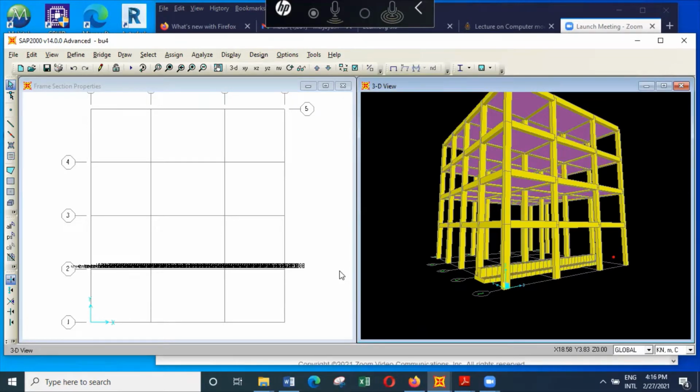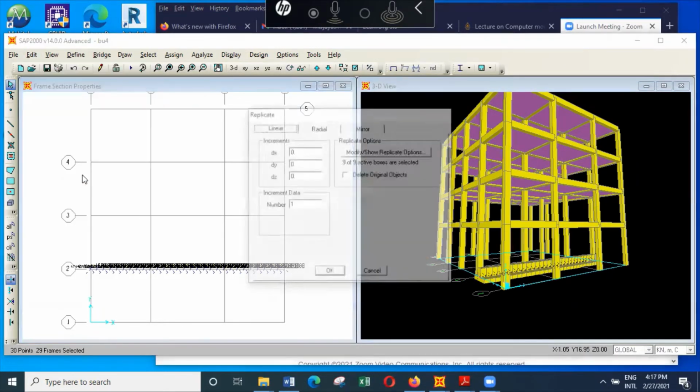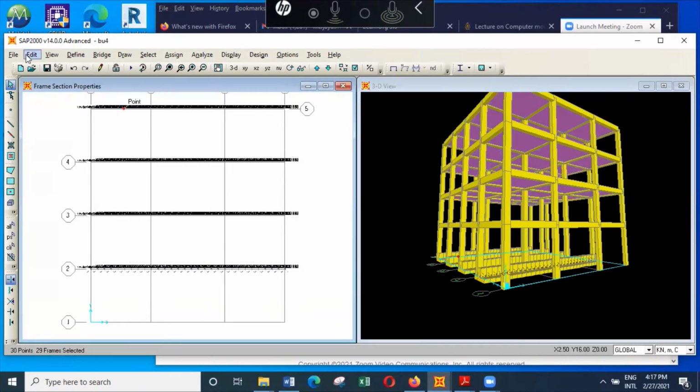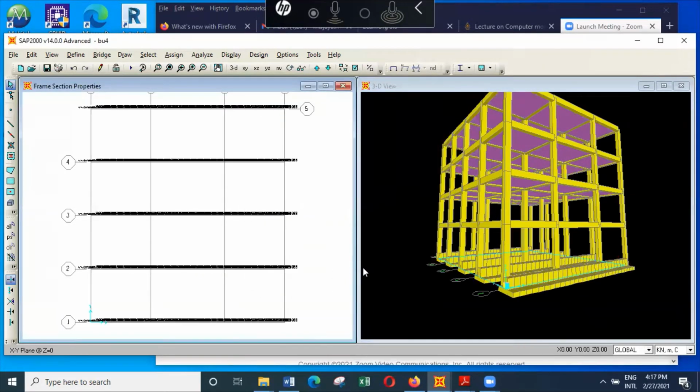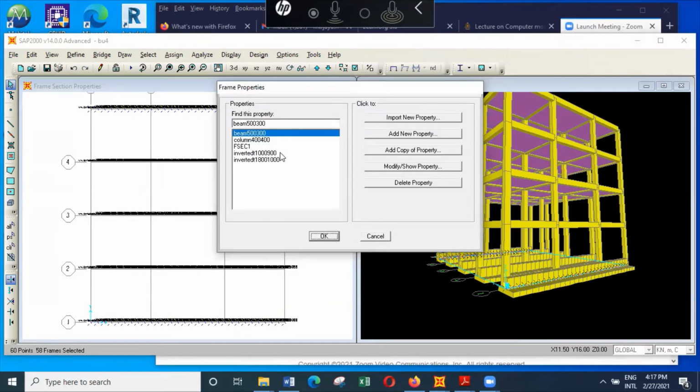And then I can replicate this at 4-meter interval 2 times or 3 times, and I will also replicate it -4 once, and then I will select these two and assign the other section, and that is the smaller one.